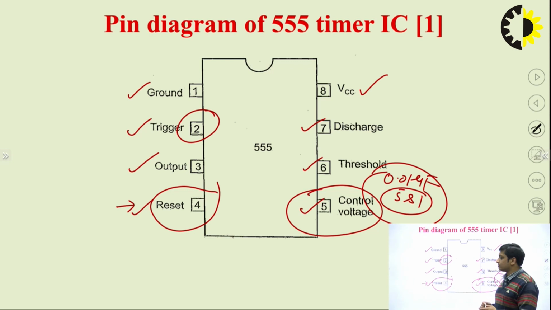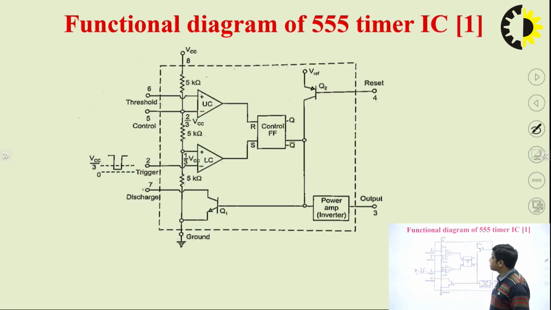Obviously, only when you understand the internal circuitry of the 555 timer IC can you understand the functioning of these pins. So coming to the internal circuitry: you can see that the 555 timer IC contains three 5 kilo ohm resistors, which is why it is called the 555 timer IC.